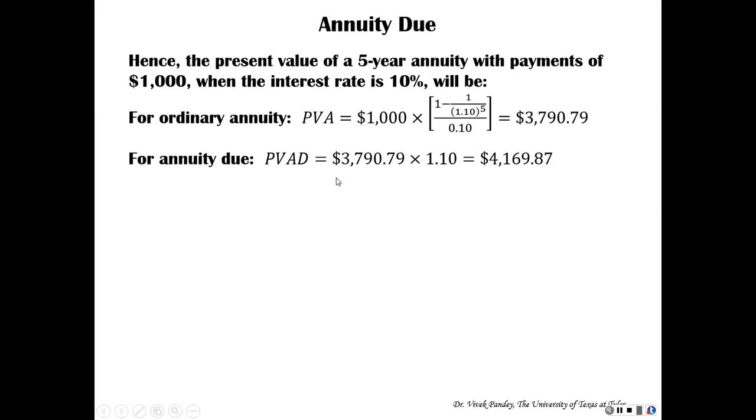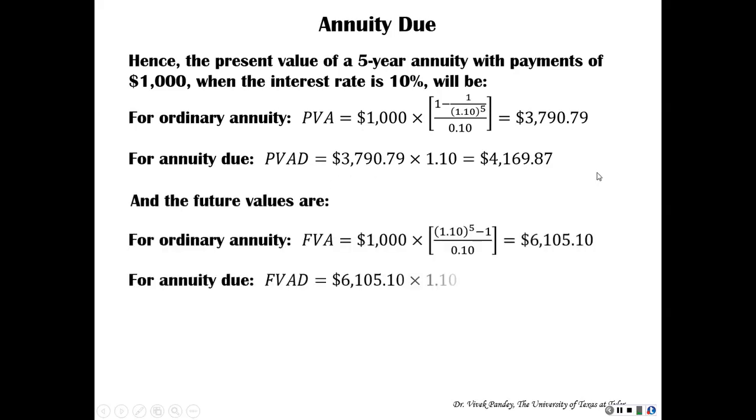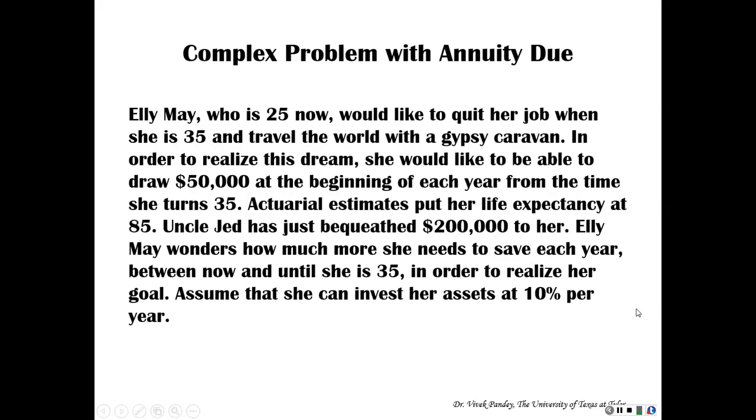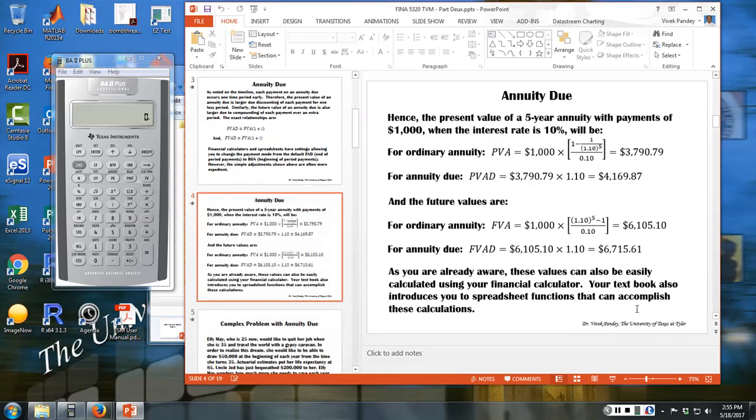That's the present value of annuity due, if this 5-year annuity was at the beginning of each period. Future value, we can use the future value factor to calculate the future value of a regular annuity, 6105.10, and future value of annuity due is 6105.10 times 1.1, or 6715.61, right?